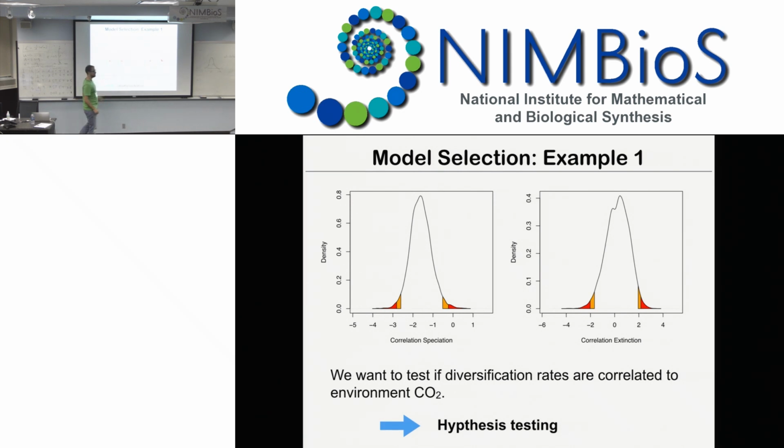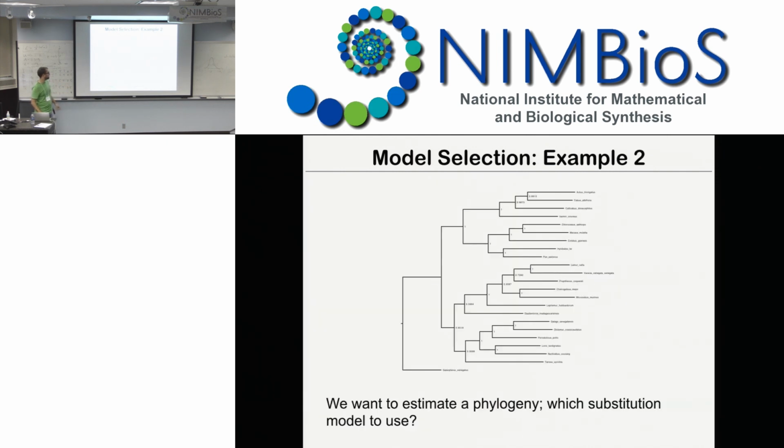So you see here the posterior distributions of the parameters that we estimated, and then the task would be to see whether it is significantly different from zero. In this example, you could see that zero is out in the tail of our posterior distribution, so you would expect that you have a negative correlation to the speciation rate. So that is when we do hypothesis testing.